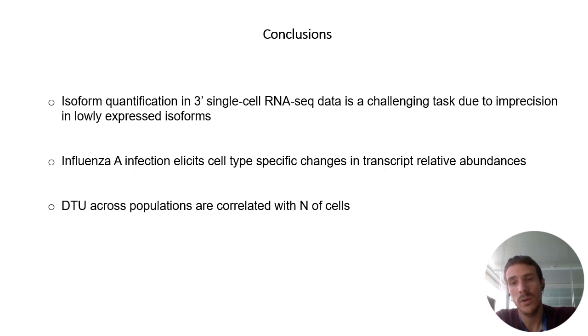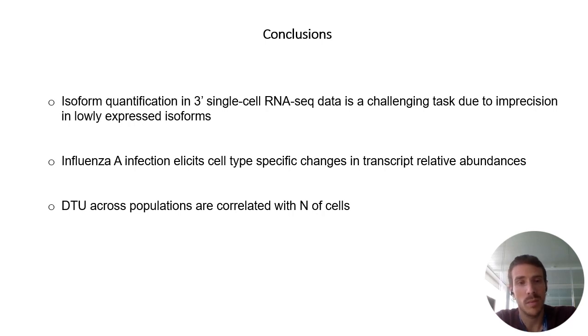So as preliminary conclusions of our study, we can say that isoform quantification in 3' single-cell RNA-seq data is a pretty challenging task, and this is mainly due to imprecision in the quantification of lowly expressed isoforms. We can also say that we do trust those isoforms that are being called as expressed for highly expressed isoforms.